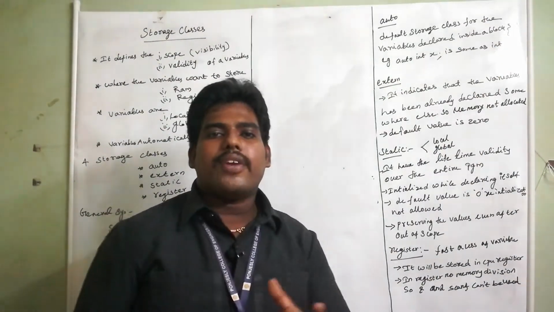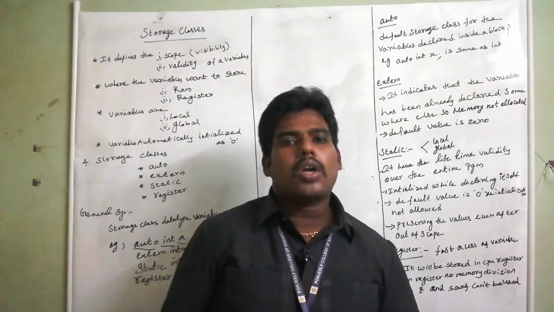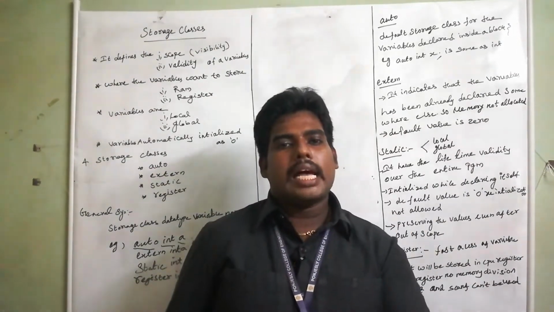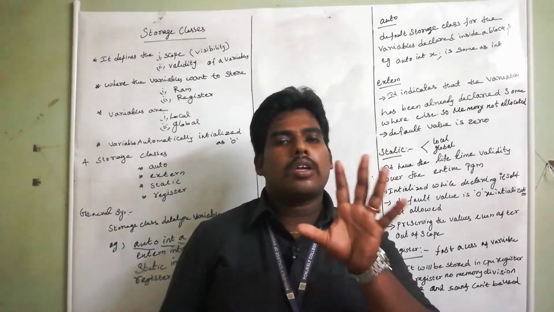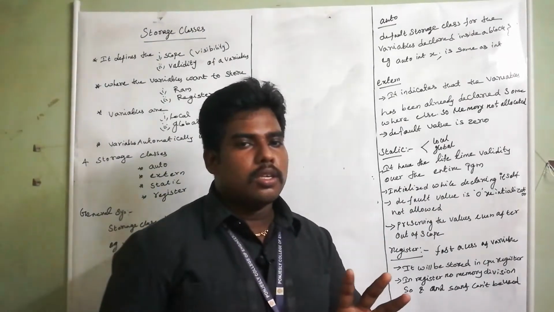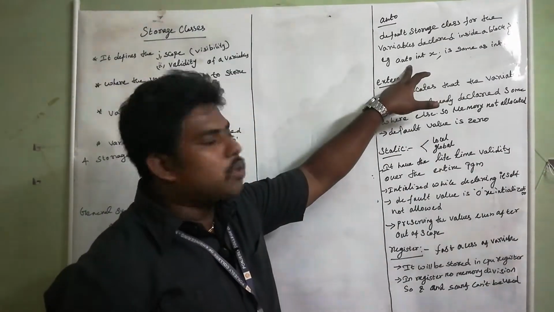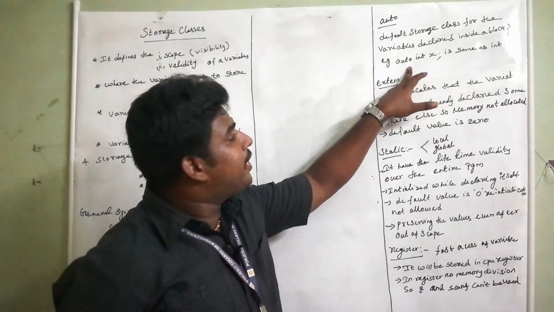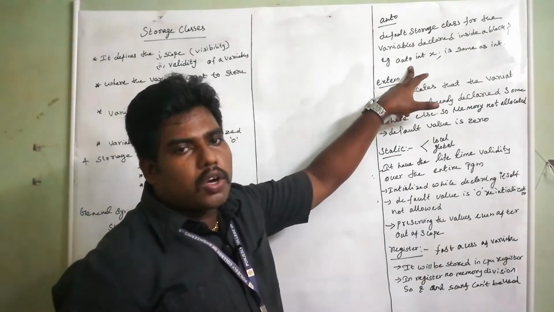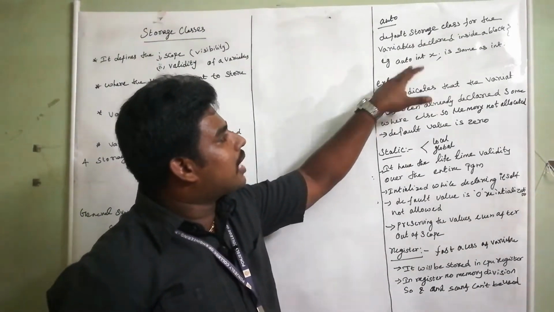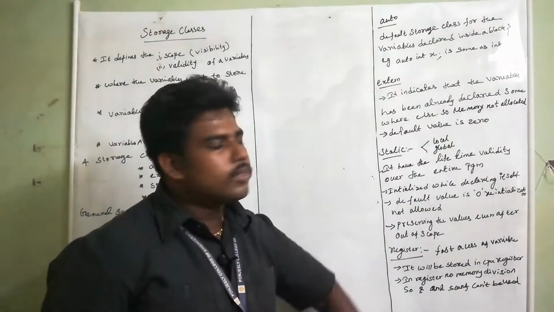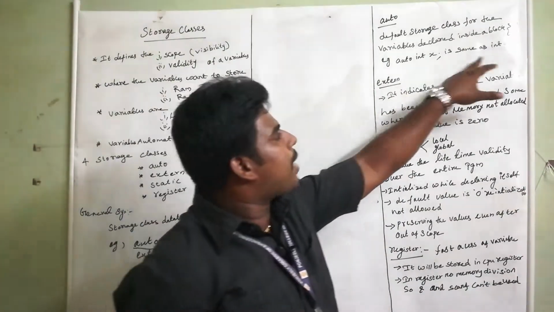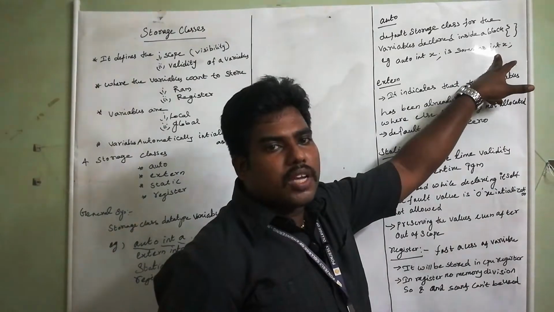If you declare a variable inside a block, it's a local variable. So while declaring, you can use auto int, but it is a default thing. All the local variable storage class is auto. If you declare like this, it is the same. All of you got it?